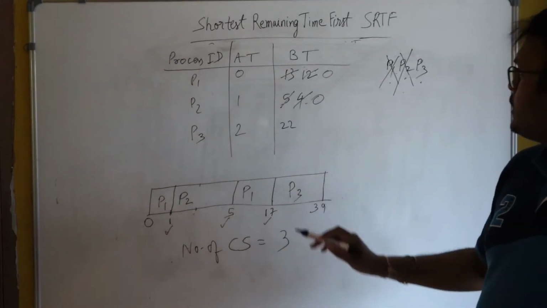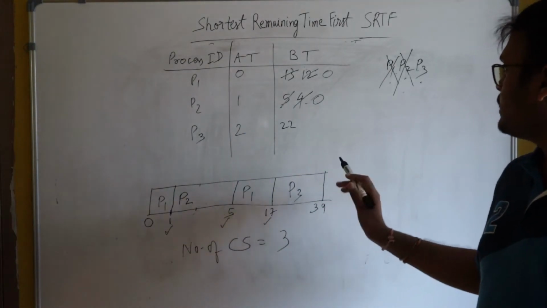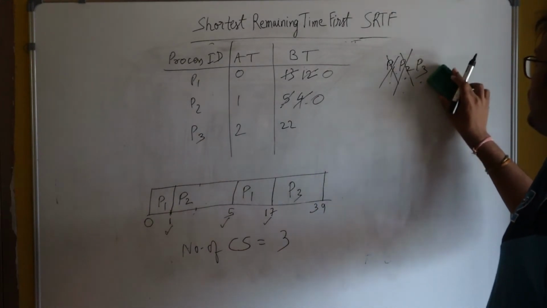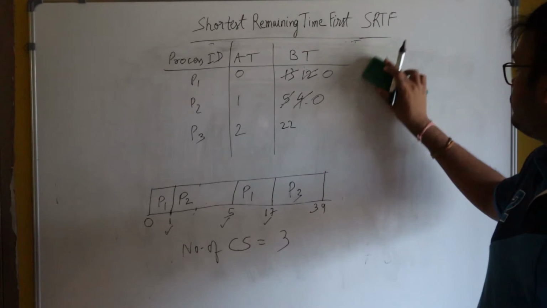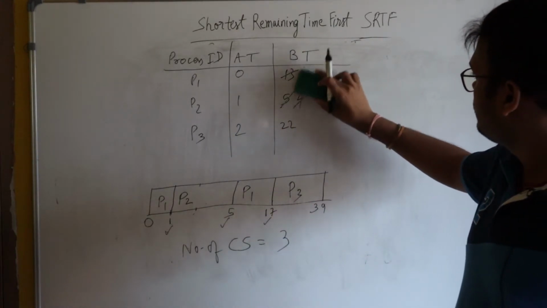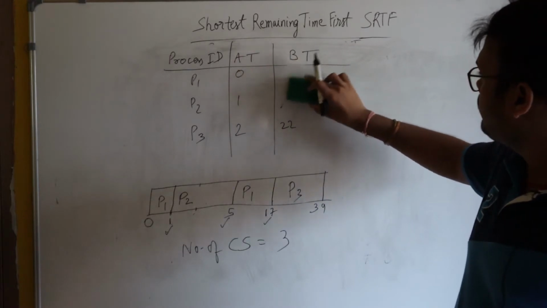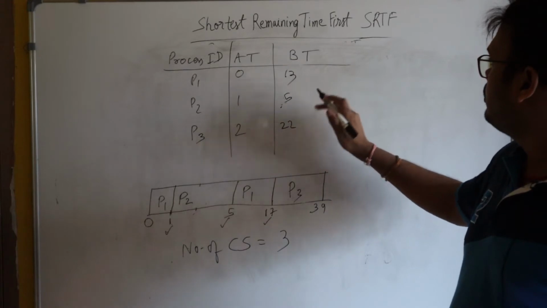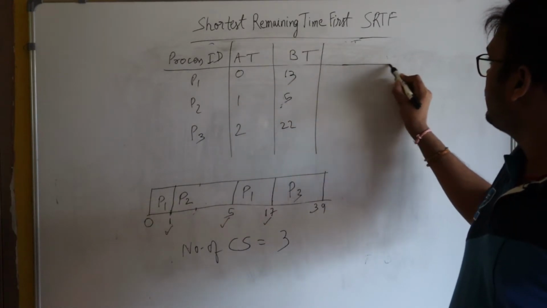Now, since the Gantt chart is completed, let's calculate the average turnaround time. Here I should write 13, 5 and 22. Now let's write the completion time.